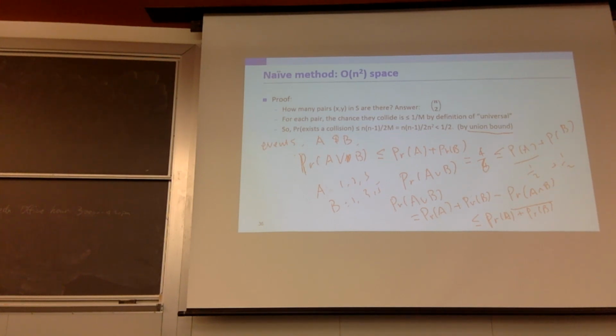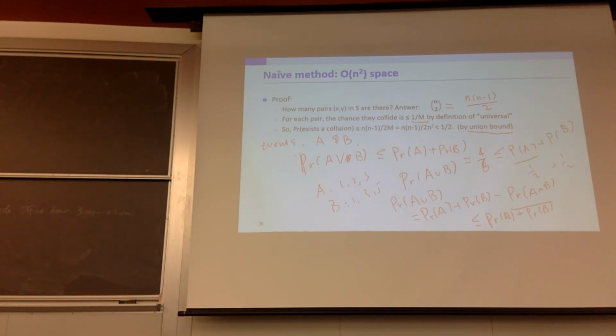So basically here we just apply this union bound. Let's think about how many distinct pairs we have in S. If we have n elements, then we have n choose 2 possible pairs, which is n times n minus 1 divided by 2. For each pair, the chance they collide is smaller than or equal to 1 over n.